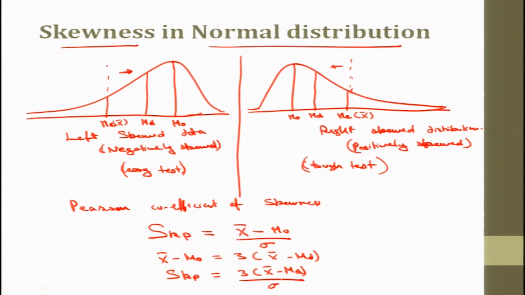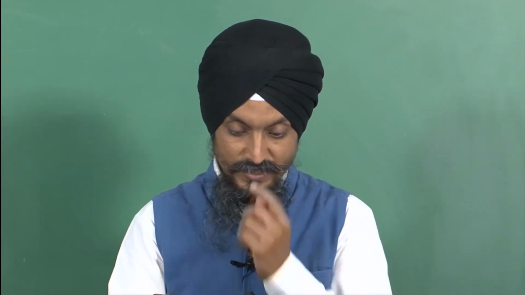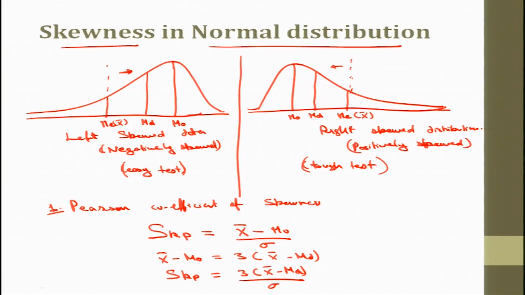I am more interested in the median because we are talking about the values that lie to the left or right in my curve. So the central tendency or the location point here is the median. I'll also try to draw the box and whisker plot to explain the skewness further. First let me put the various methods to calculate the skewness.